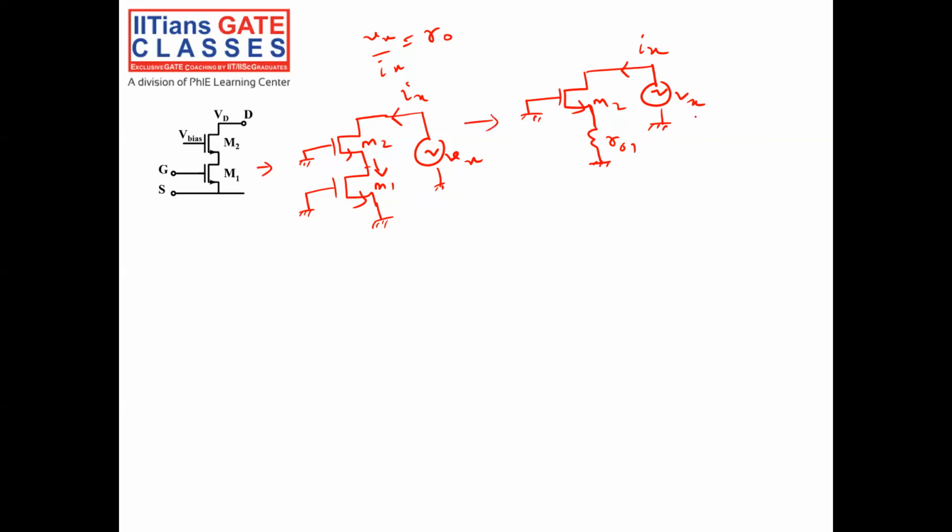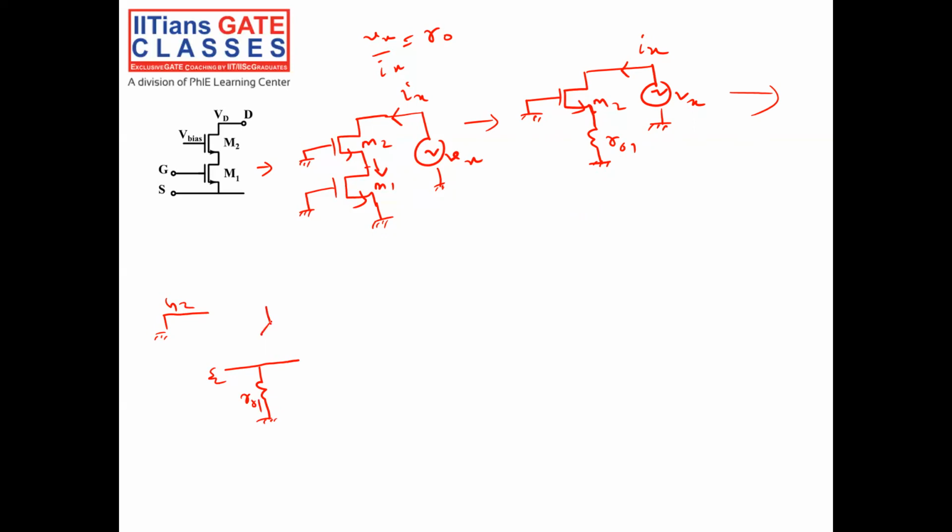Okay, now we'll apply the small signal equivalent model. So gate is grounded, right? This is my gate of M2, and this is my source of M2. This is G2, this is S2. Between source of M2 and ground, I have a resistance R01, right?